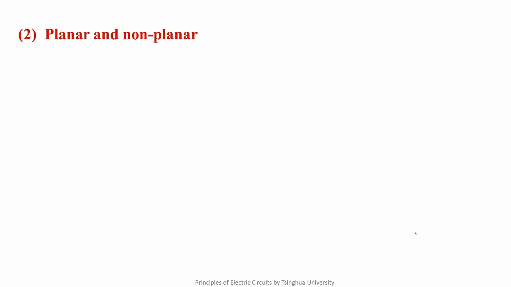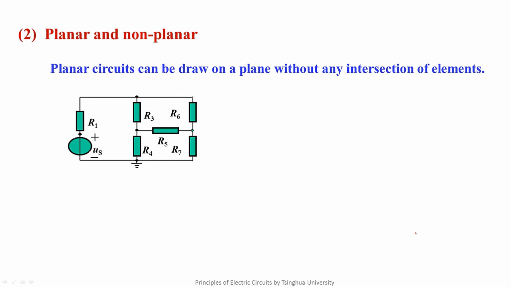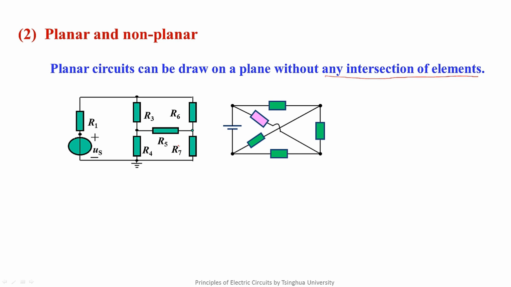The second discussion is about a planar circuit or non-planar circuit. The so-called planar circuit means that it can be drawn on a plane, such that all the elements don't intersect with each other. We take such a circuit, for example, all the elements don't intersect with each other. Now let's look at such a circuit. It seems that this element intersects with this one.